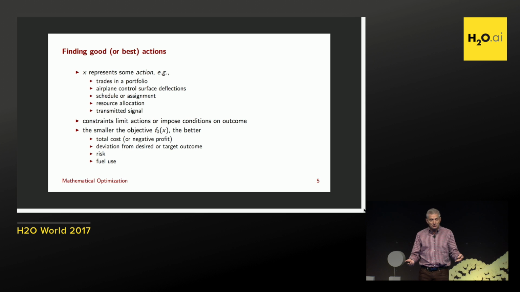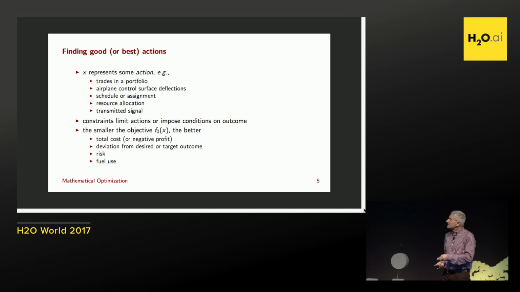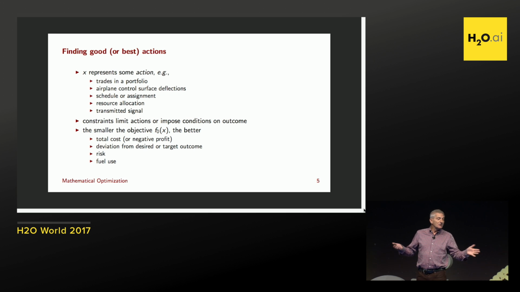You solve an optimization problem, and that determines what to trade and in what amounts. This is also used universally for control of airplanes. There, the xi's are things like: how should you adjust the thrust on your engines? How should you change the control surfaces for the next 1/10 of a second, for example?